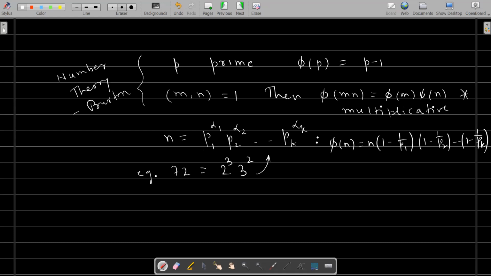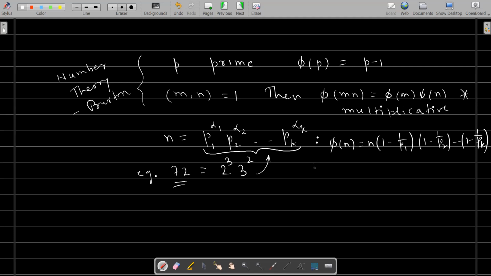If n has a prime factorization in this form, for example, 72 I can factorize as 2 into 2 into 2 into 3 into 3, so I'll write it as 2 cube 3 square. Some prime p1 raised to some power, p2 raised to some power, up to pk raised to some power. Suppose it is a product of k prime factors, then phi of n is n into 1 minus 1 by p1, 1 minus 1 by p2, up to 1 minus 1 by pk. Anyway, we won't need it here.